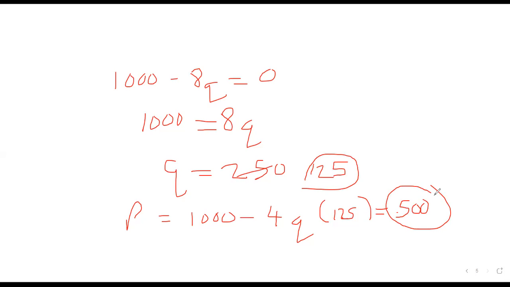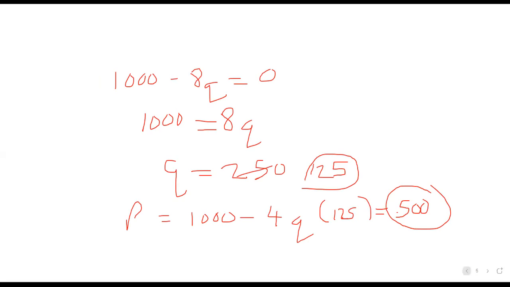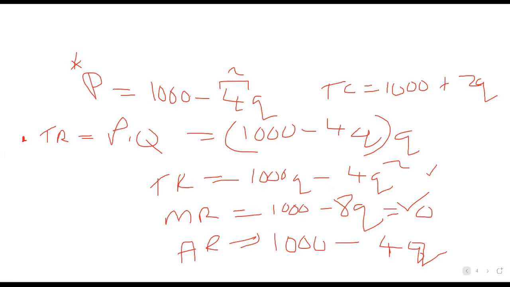So now, how do we find our profit? When we found our total revenue, what was our total revenue? 1,000Q minus 4Q squared.